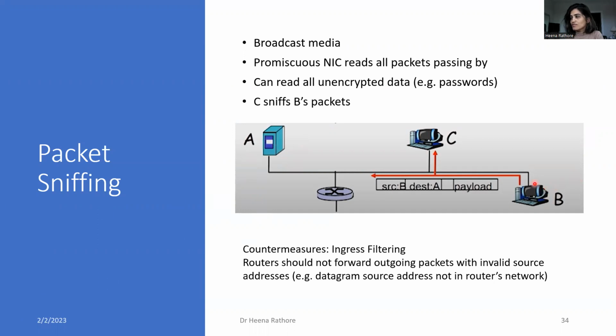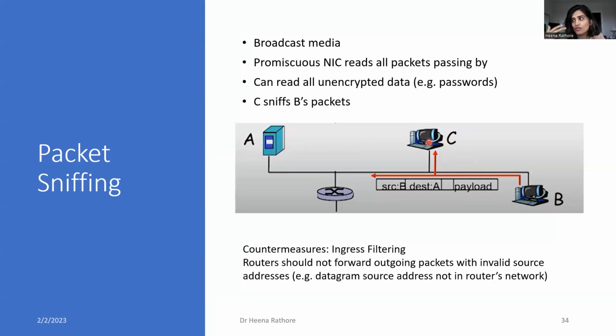Here, B is trying to communicate with A. The destination address is A, the source address is B, and there is a payload. C is in between, and C sniffs B's packet. When it sniffs the packet, it can understand what exactly is being communicated from source B to destination A.